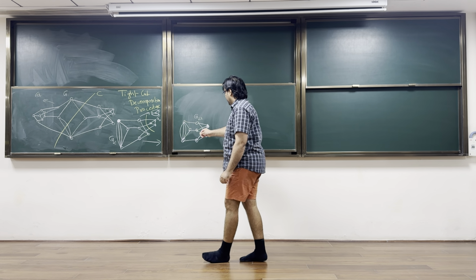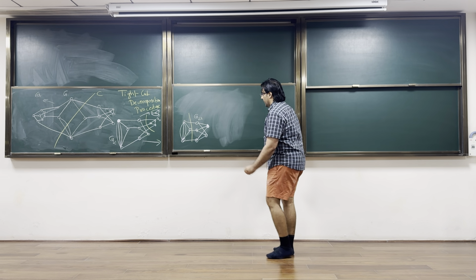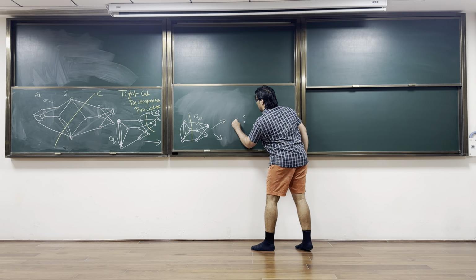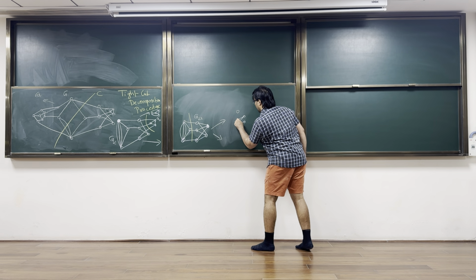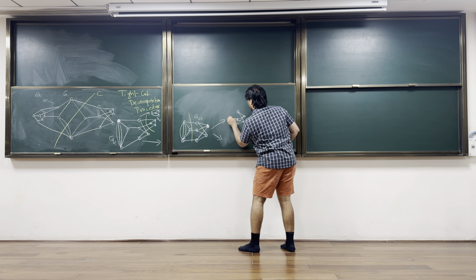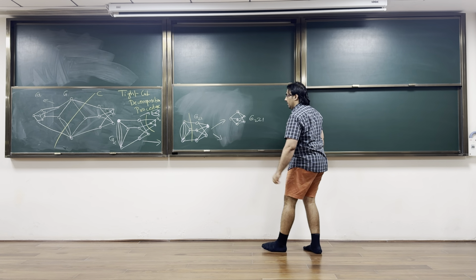And again there is a non-trivial tight cut. So I get 2 more graphs. This becomes a single vertex. So this is my G221, why not?